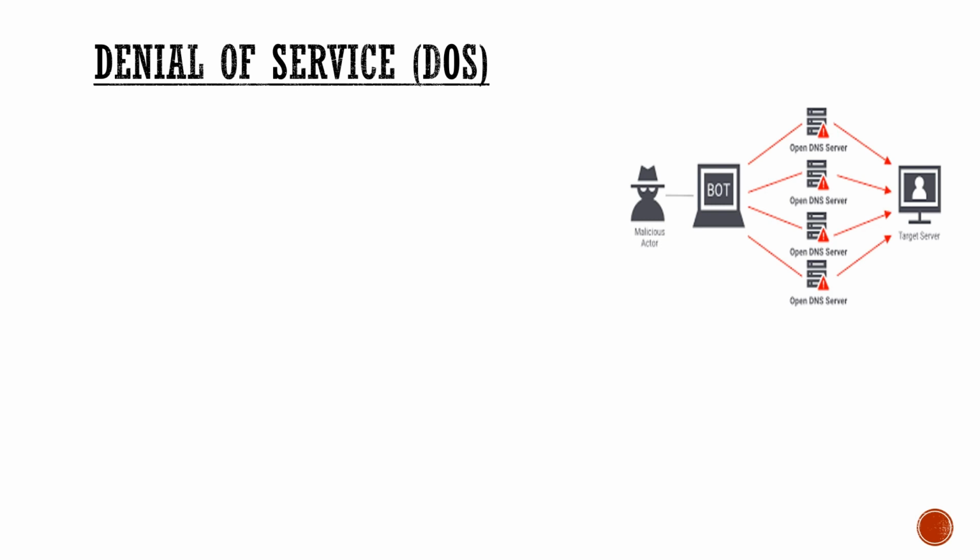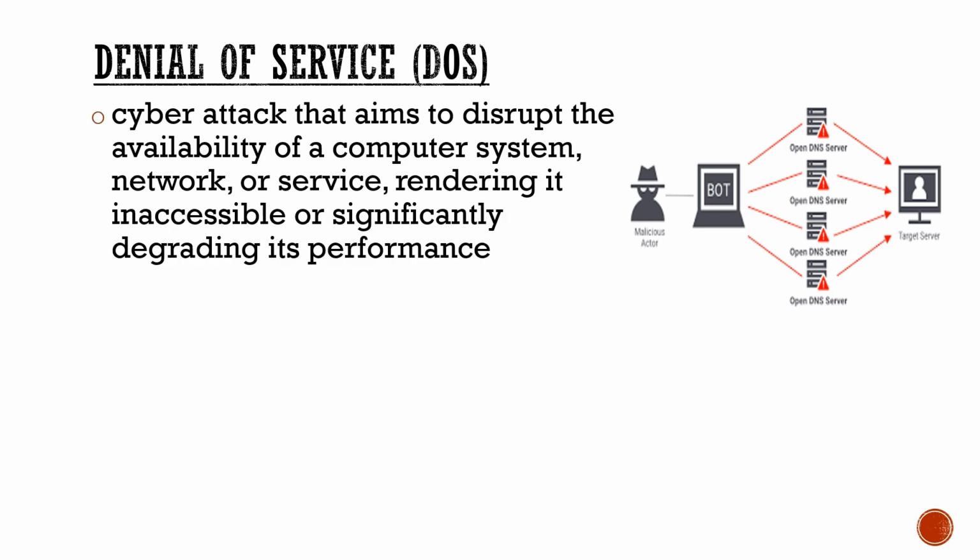It's a type of cyber attack that aims to disrupt the availability of a computer system, network, or service, rendering it inaccessible or significantly degrading its performance. The goal of a DoS attack is to overwhelm the targeted system's resources such as bandwidth, processing power, memory, or network connections, making it unable to respond to legitimate user requests.